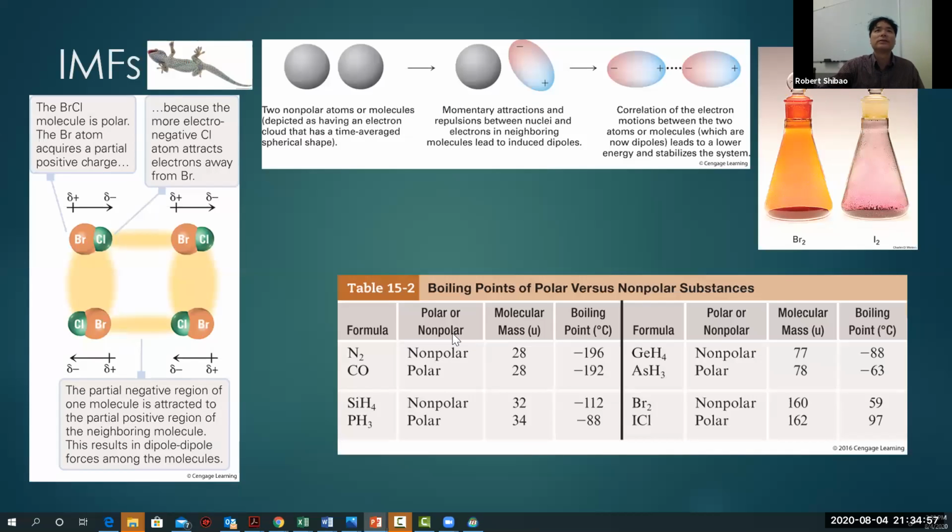These are van der Waals forces here. So this top picture represents van der Waals forces.